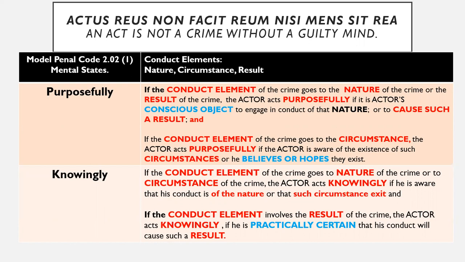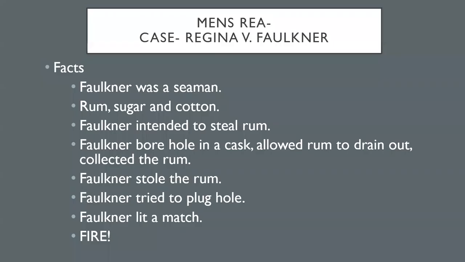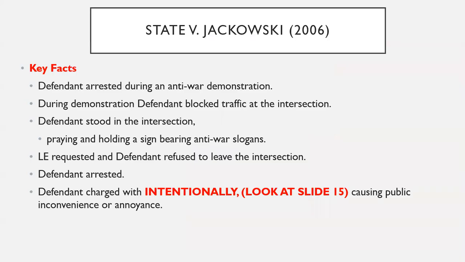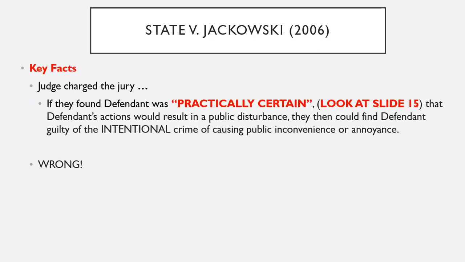The state has to establish by the facts that it was the defendant's conscious objective to block that intersection. Got it? It was purposeful. Yeah? All right, so let's go back to where we were now that we've had a chance to actually look at the chart. Defendant is charged with intentionally causing public inconvenience.